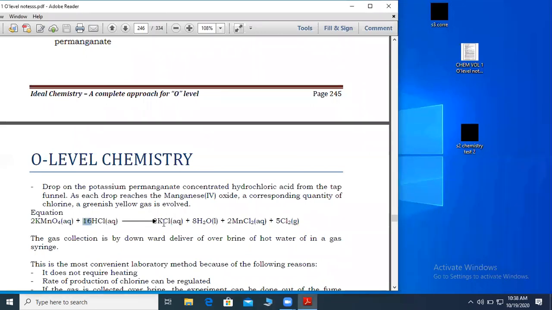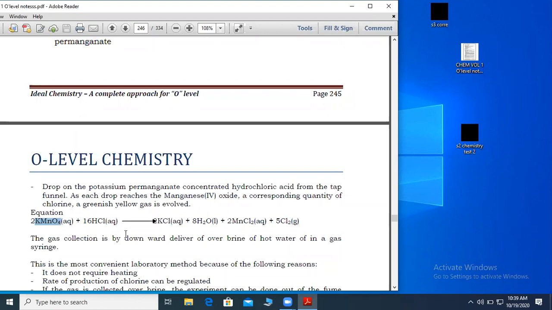This is potassium permanganate, and this equation is examined, it is under your syllabus of O level, so you must know it. If you fail to know it, cram it. You must make sure that when we ask it in an exam, you can produce it. It is examinable to your level.